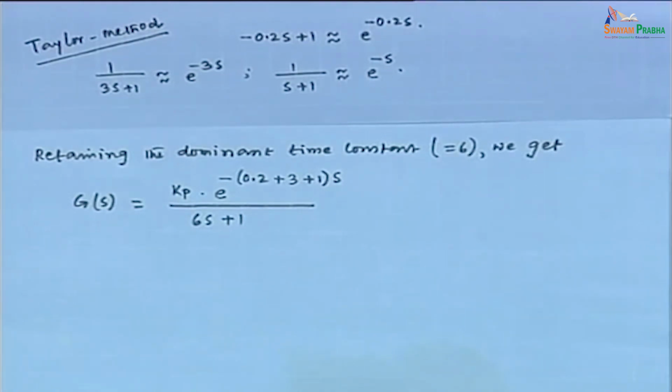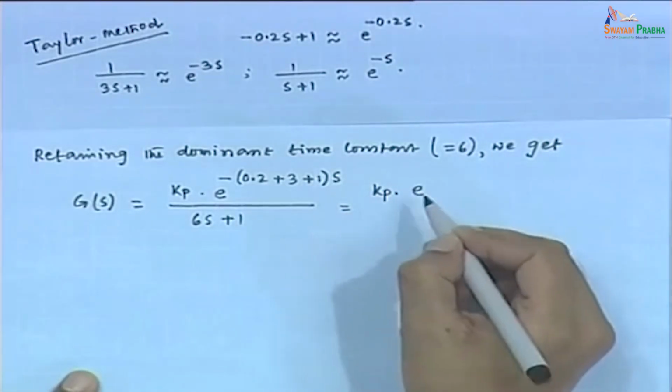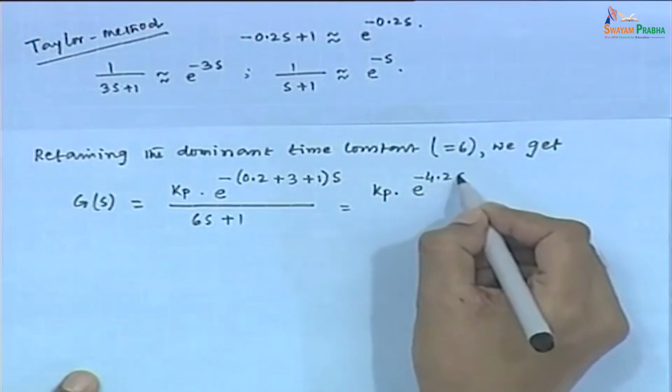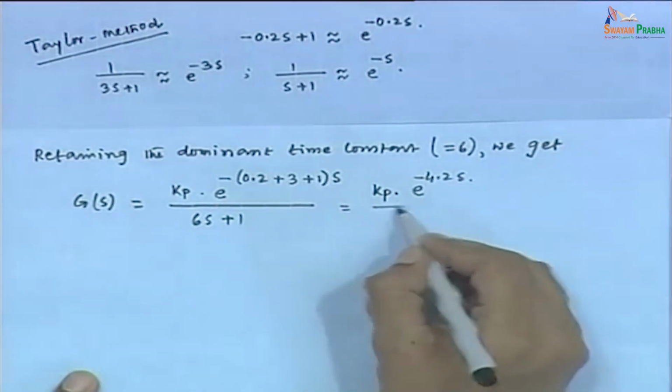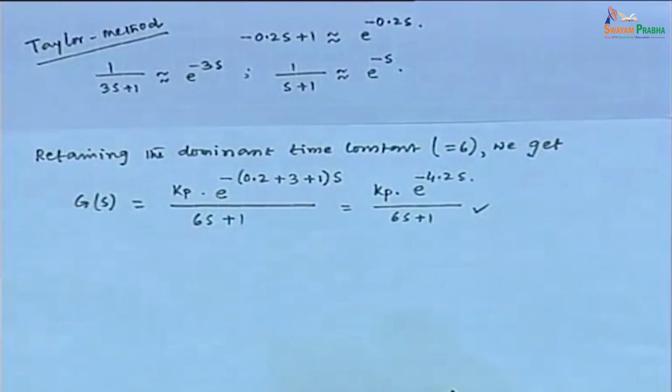So, can we write this from the higher order transfer function? It becomes Kp exponential of minus 4.2 s divided by 6s plus 1. So, this is the representation of the higher order transfer function by the first order plus dead time system transfer function.